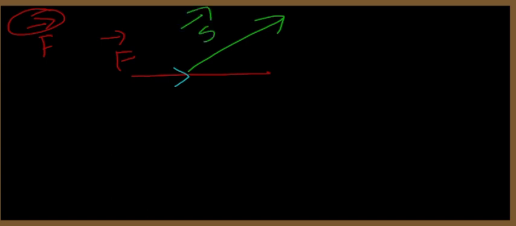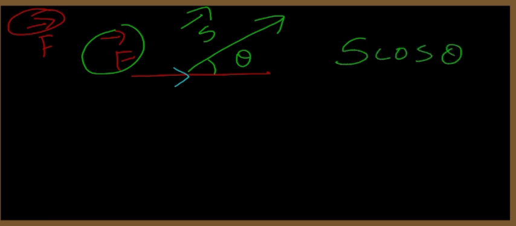So the angle between the direction of force and the displacement, here it is theta. Then we can say that displacement of the body in the direction of force is given as S cos theta.